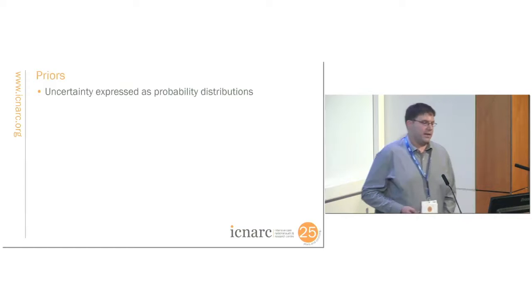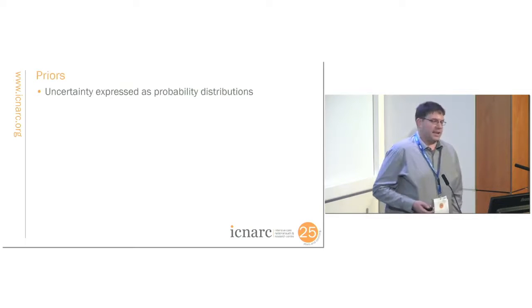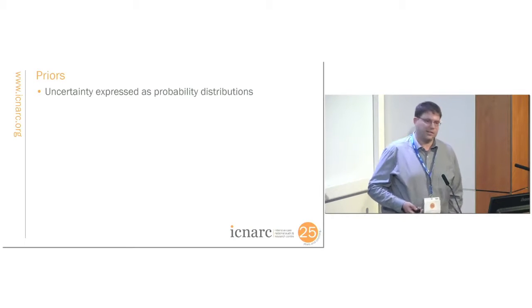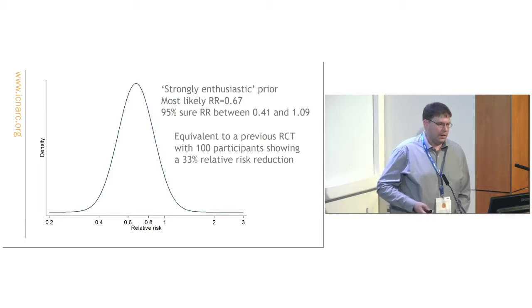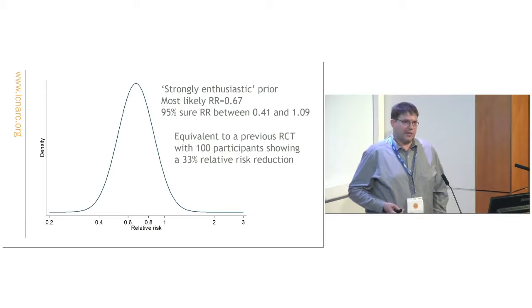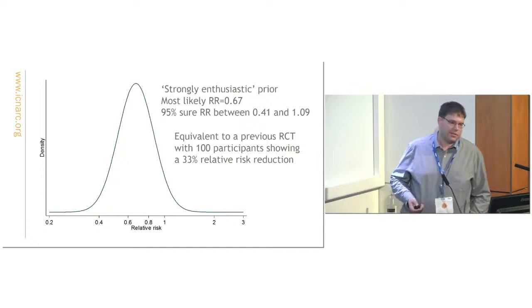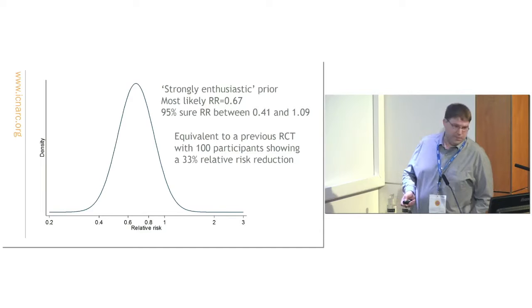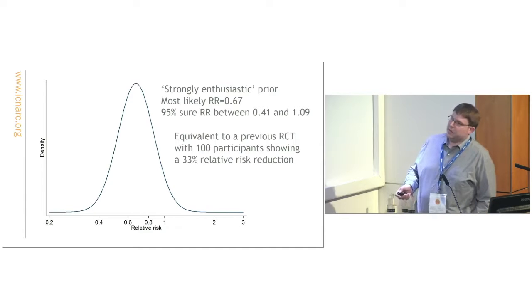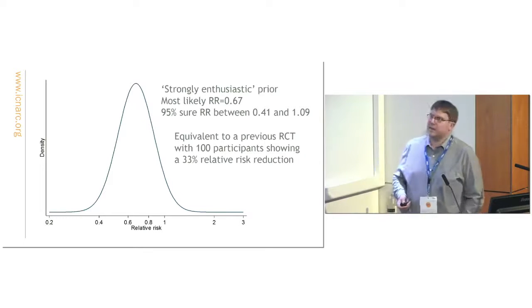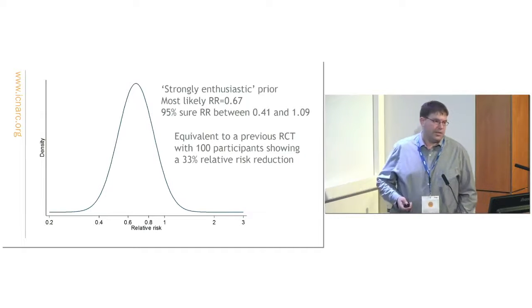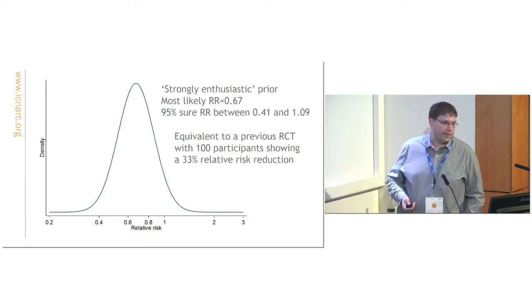So what is a prior then? Essentially, the prior just takes your uncertainty about the question that you're trying to answer with this trial and expresses it in terms of a probability distribution. So here is one of the priors that they used within that reanalysis, and this was their strongly enthusiastic prior. What we have here is a probability density. That shows us that their most likely estimate of the relative risk before the trial started, if you were this strong enthusiast, would be that a third of deaths would be prevented by early ECMO.